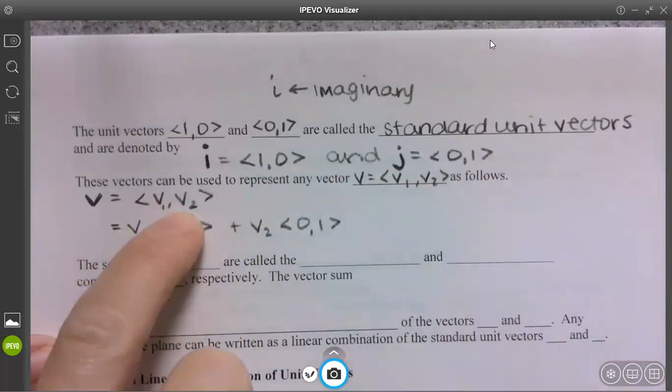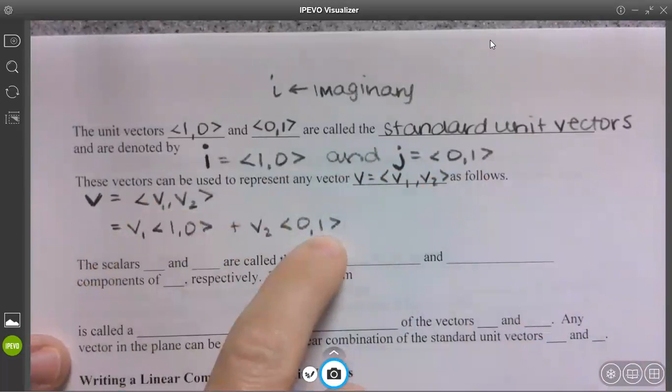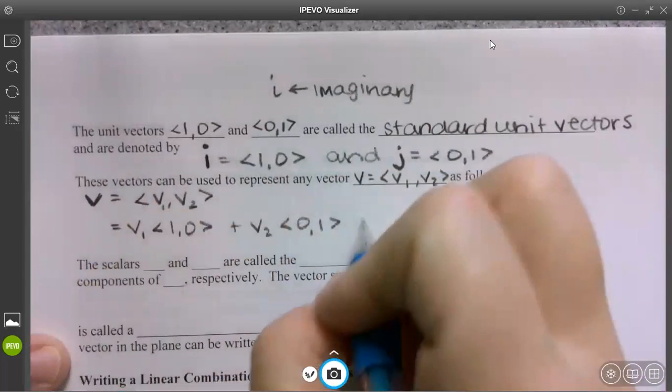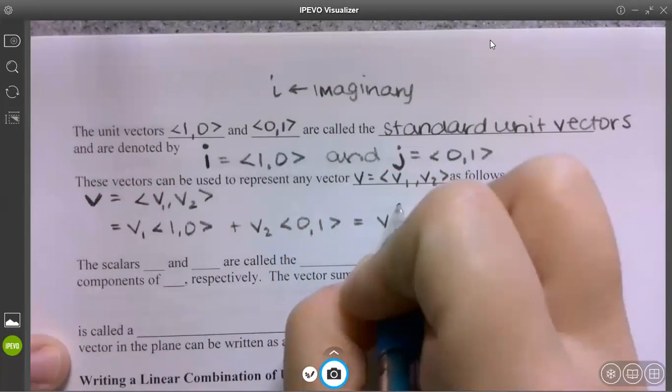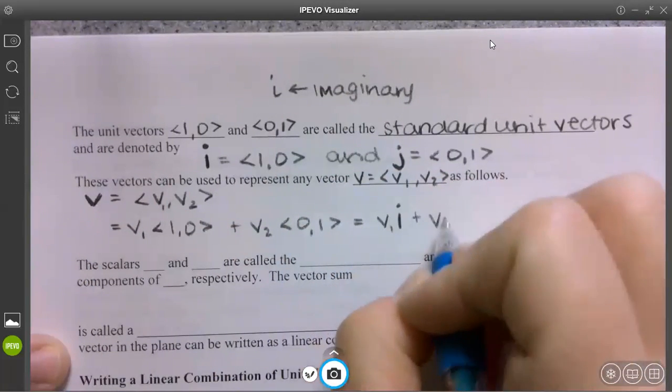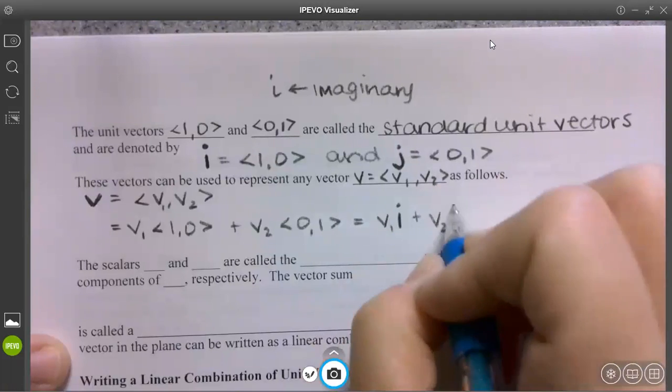And over here, V2 is your y coordinate, so the 1 has to be with the y coordinate. When we multiply that out, that gives us V1 i plus V2 j.